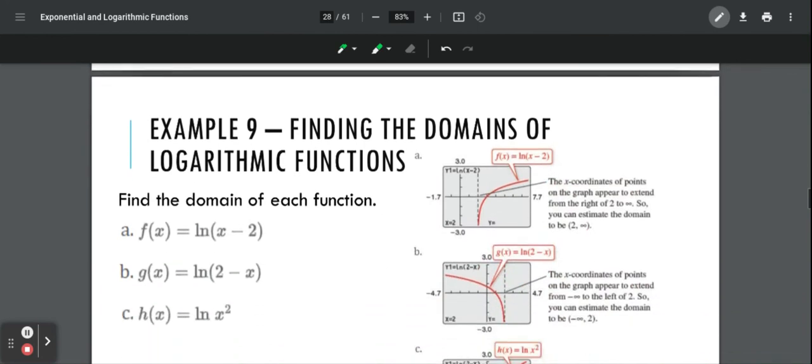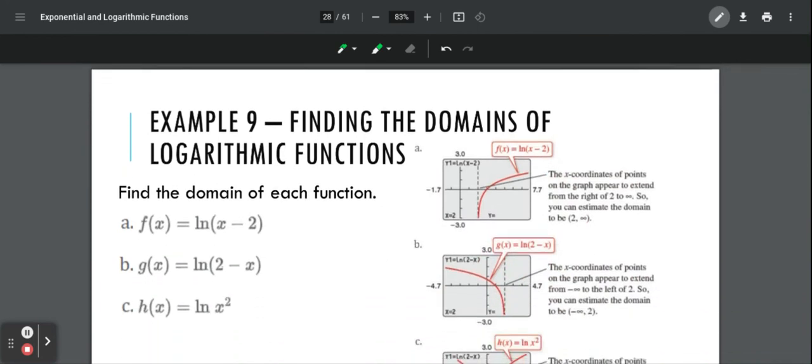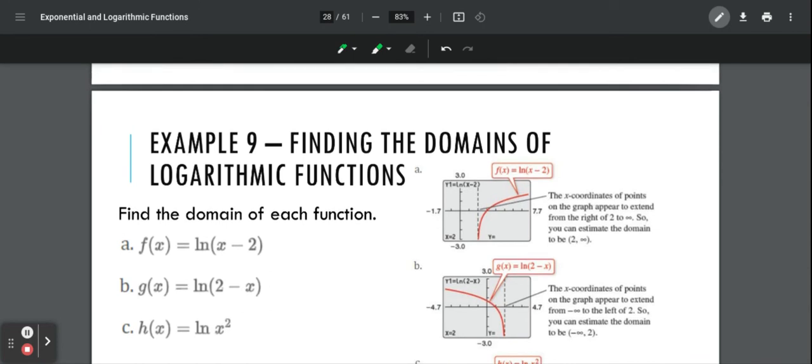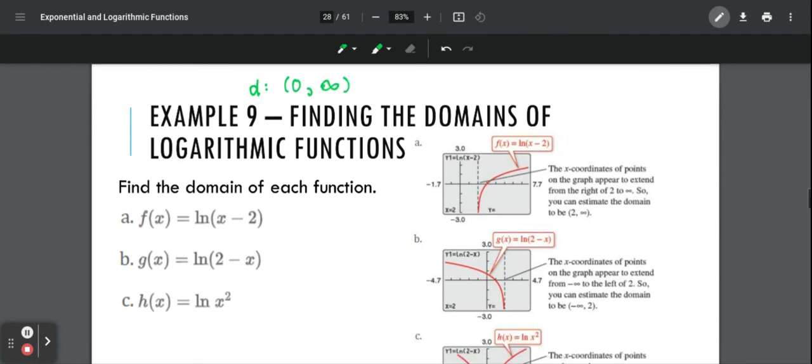So in the next example, when we're looking at domains of log functions, we really have to think about these as transformations. Remember that the domain of your log graph and your natural log graph is 0 to infinity, and then we're talking about x values. So we have to think about how it's shifting. So here, this x minus 2 tells us that we have a shift to the right 2.